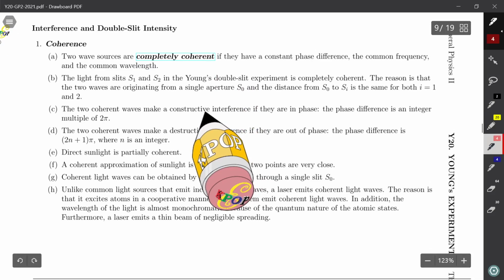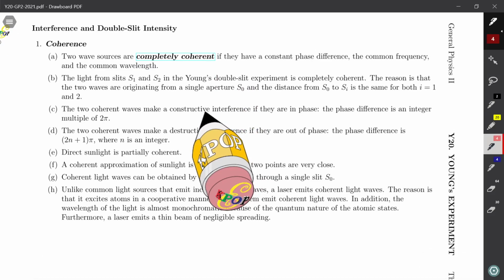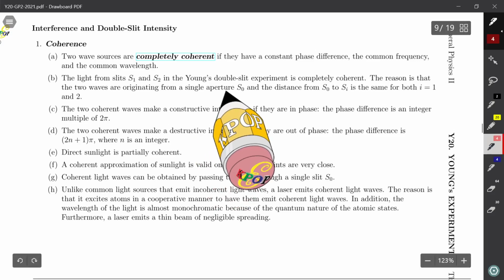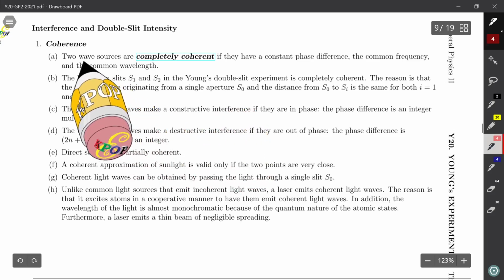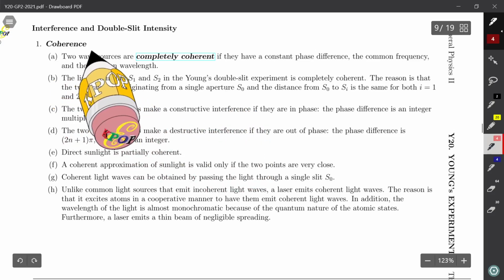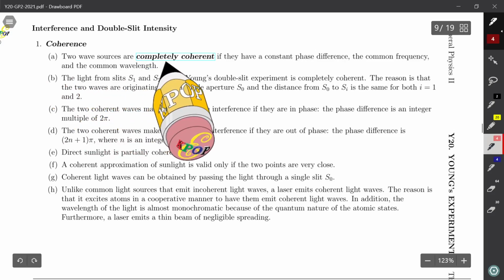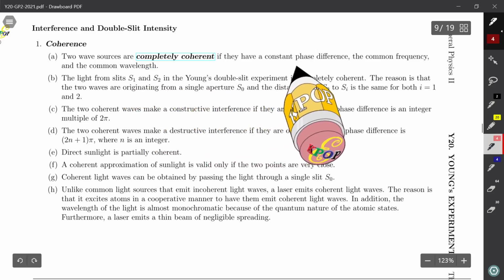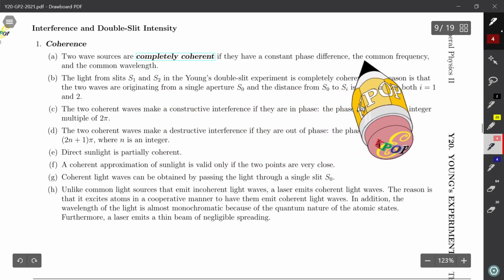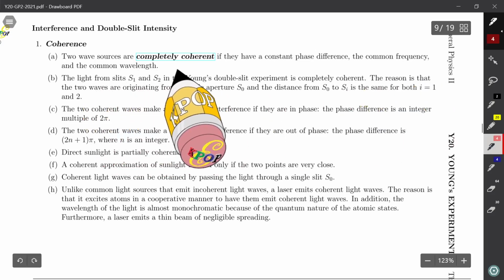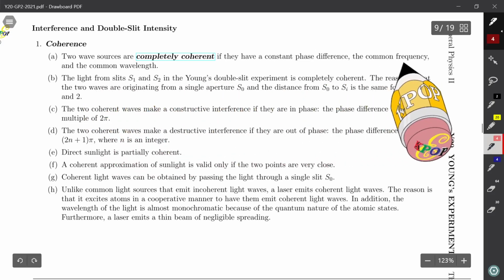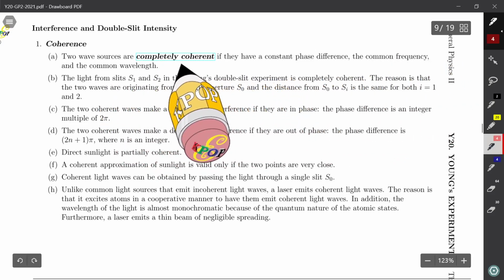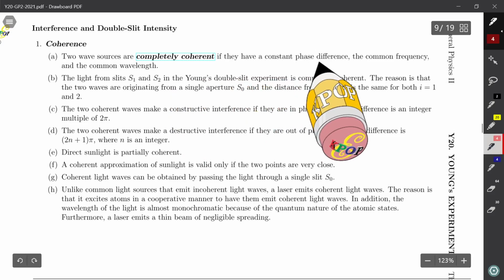So let us review what we have done until now. We used coherent lights. Coherence means the two wave sources are completely coherent. There is no phase difference, or they have a constant phase difference, with common frequency and common wavelength. Common wavelength and common frequency is the most important one, and we usually use completely in-phase sources.